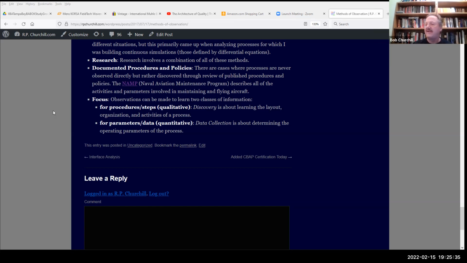So you're looking at both qualitative and quantitative types of data. Qualitative is mostly about what's going on, and quantitative is numeric or other aspects of it.